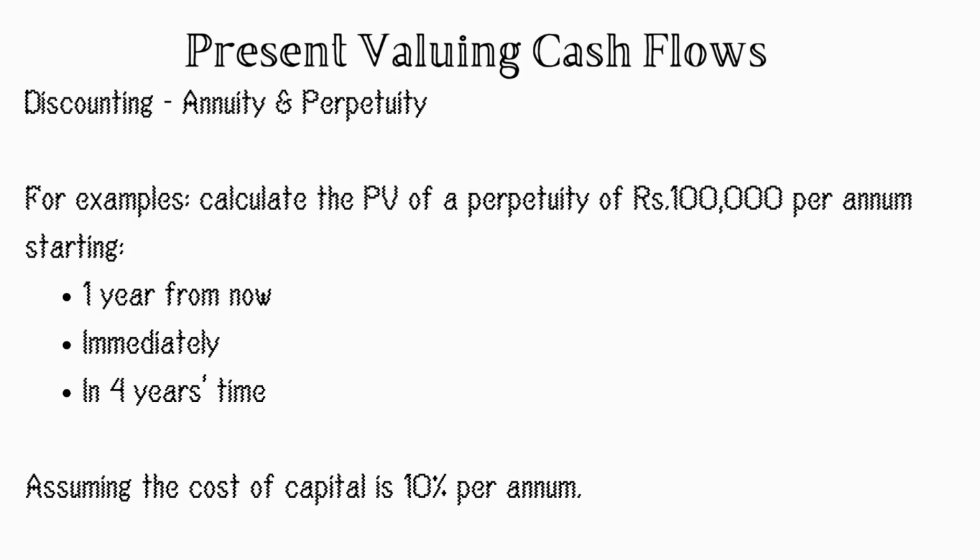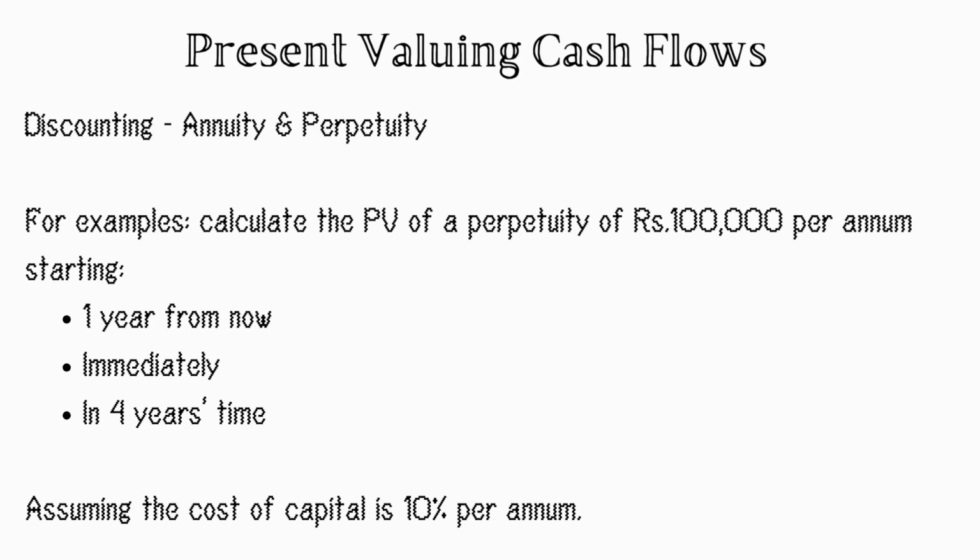For example, calculate the present value of a perpetuity of rupees 100,000 per annum starting, scenario 1, 1 year from now, scenario 2 as immediately, and scenario 3 in 4 years time, assuming the cost of capital is 10% per annum.